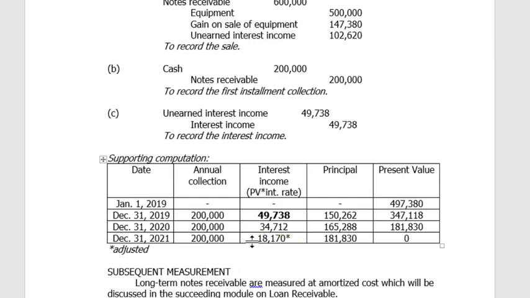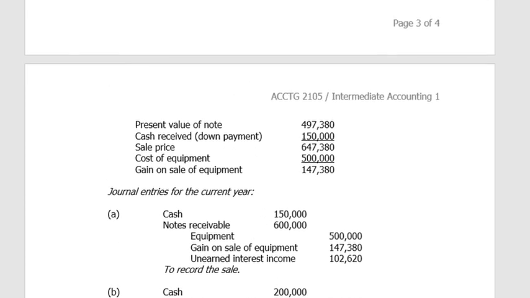So, ibig sabihin, here, inuuna nating i-recognize yung interest income before the application to the principal. So, kapag tinotal mo itong interest income na 49,738 plus 34,712 plus 18,170, pag tinotal mo itong tatlong ito, dapat ito yung kinompute mo kaninang interest income na 102,620.